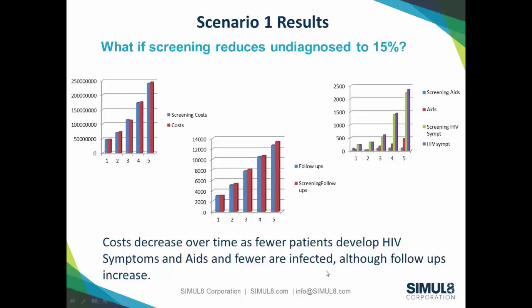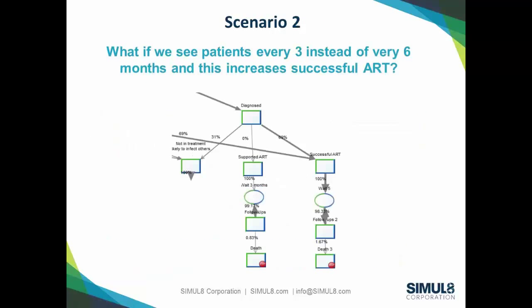So our second scenario here is what happens if we see patients every 3 instead of every 6 months, as a result of increasing successful ART. So this is this middle pathway here. We've got our successful ART group going down this route here.